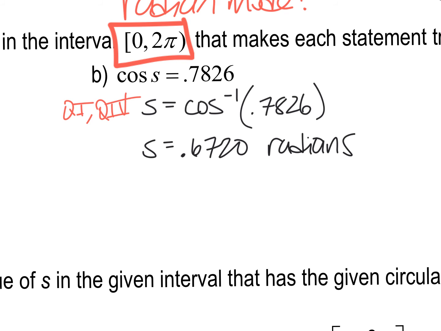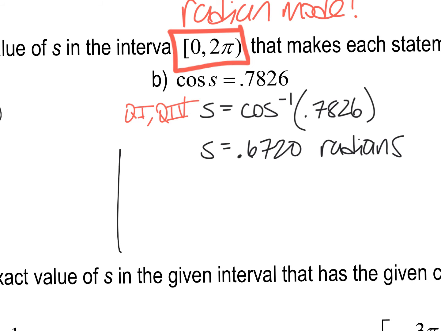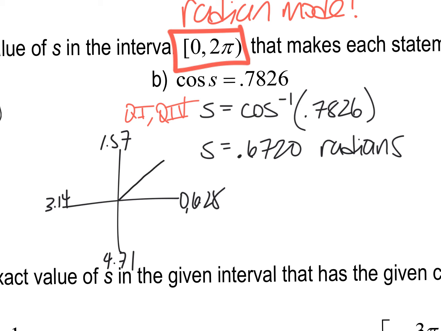Okay, so again, I'm going to draw this picture like I did for the last one. This is 0 or 6.28 all the way around the circle. This is 1.57, this is pi, and this is 4.71. So first of all, I have to picture where is 0.6720. Again, that's between 0 and 1.57. It's a little bit less than halfway between, so I'm going to draw my angle here.